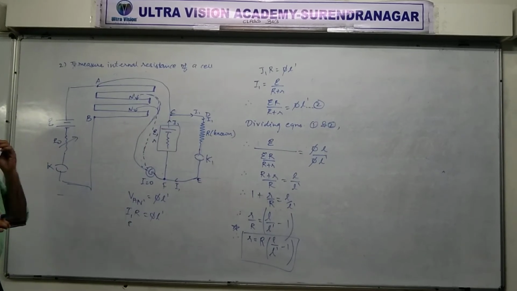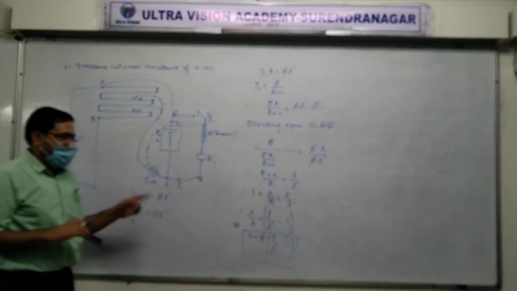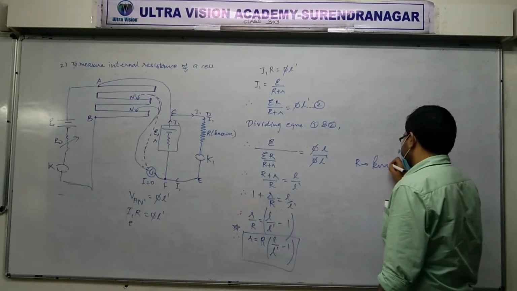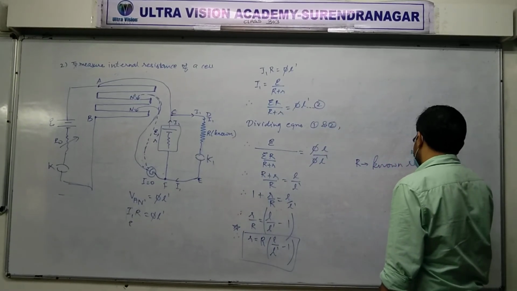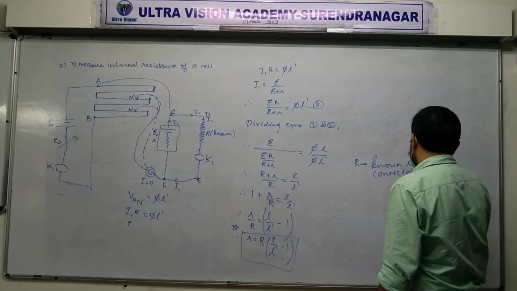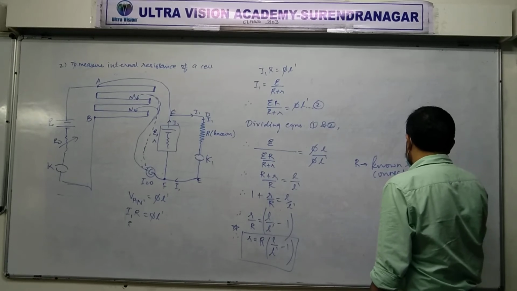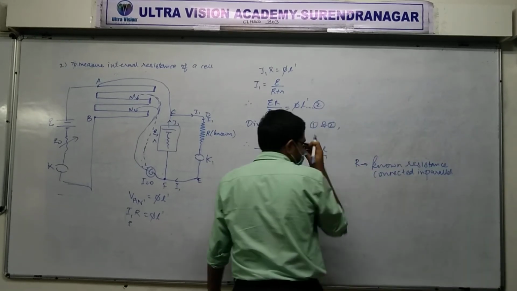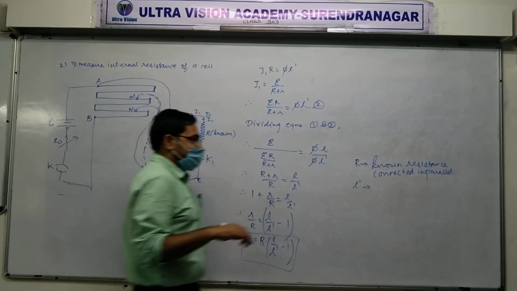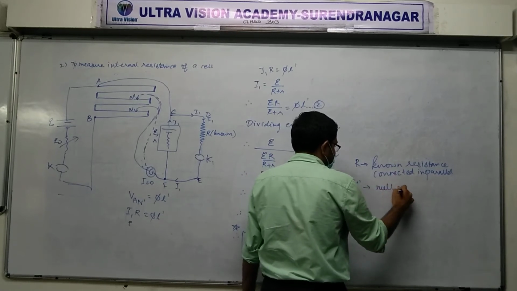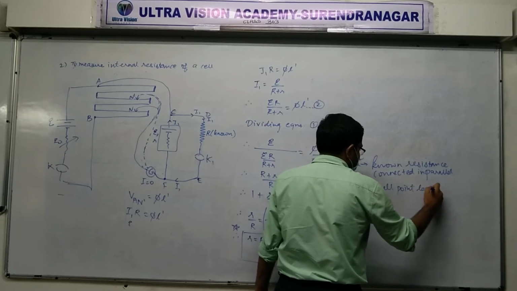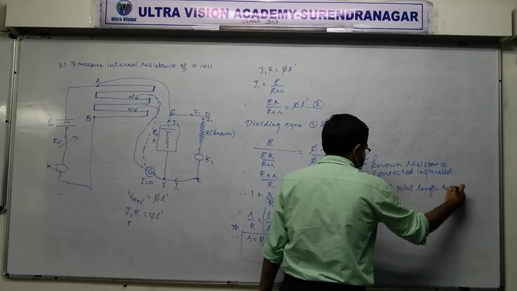Okay, remember the formula. What are the terms? Capital R is the known resistance connected in parallel. L dash is the distance of N dash from A, the null point length with resistance R, the null point length or distance with resistance capital R connected.